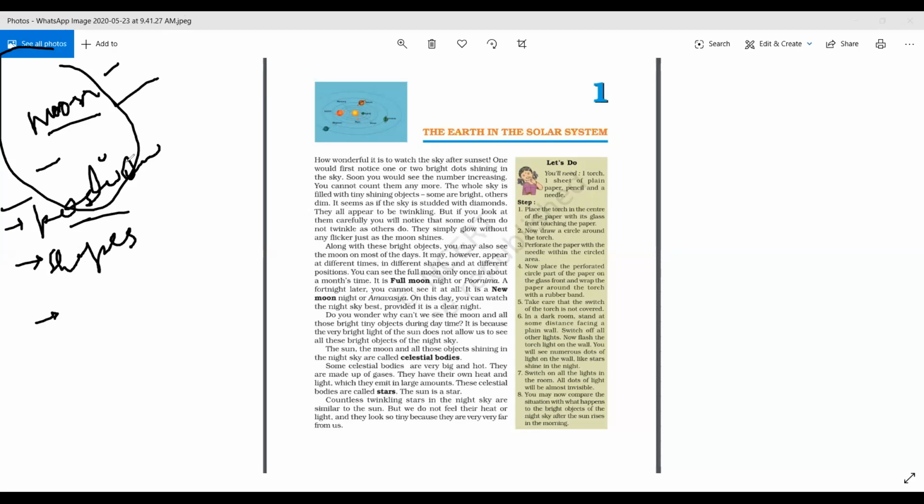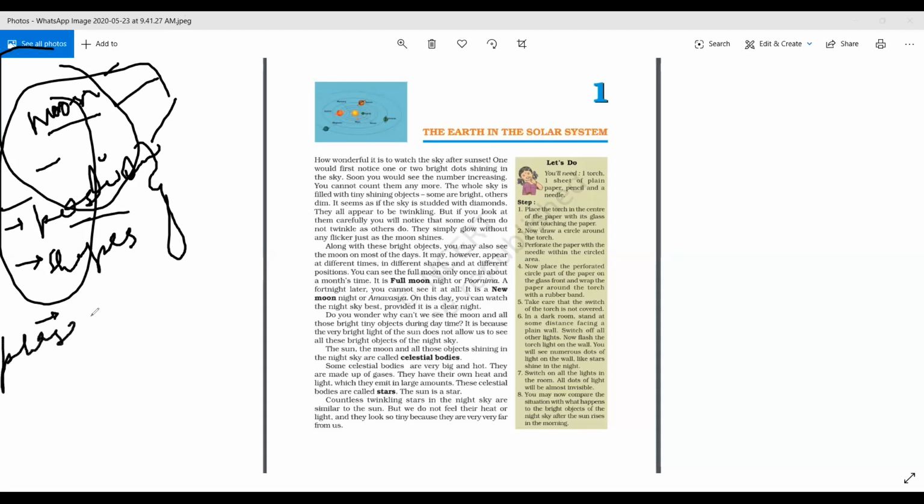This different appearance of the moon at different times is known as the phases of the moon. We have 8 phases of the moon.